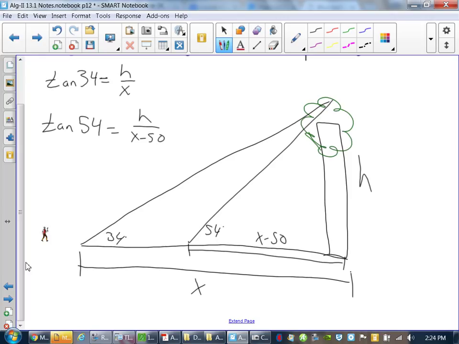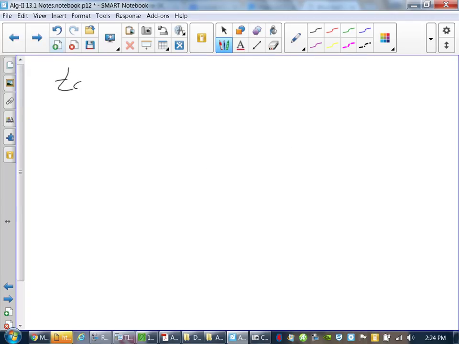We have the tangent of 34 is h over x, and the other one is the tangent of 54 is h over x minus 50.